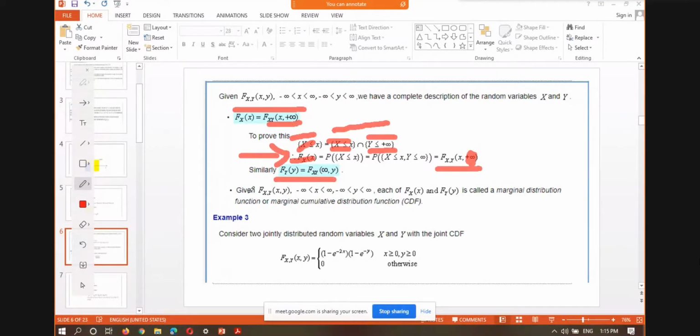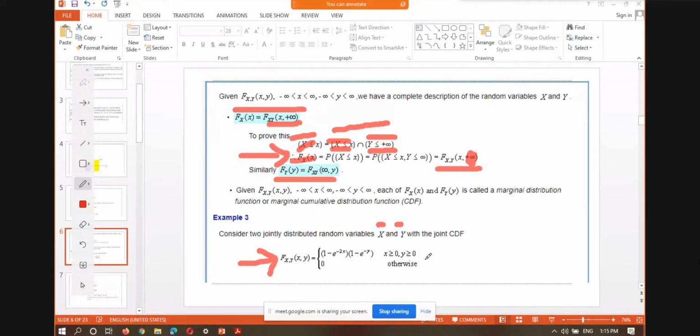So we will solve one problem on that. This is the joint distribution function. It is already defined or given to you for the case of two random variables capital X and Y. So for x greater than or equal to 0 and less than plus infinity, and here comma means and, y is greater than or equal to 0 and less than or equal to plus infinity, it has this definition.